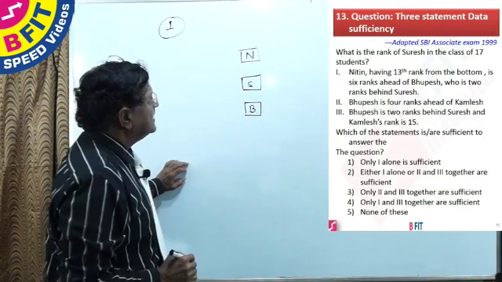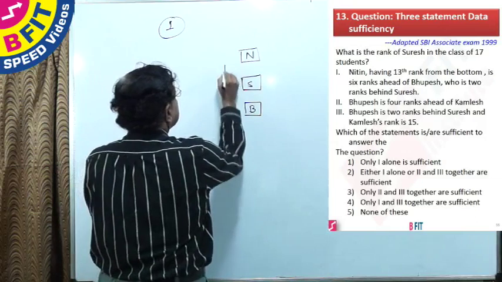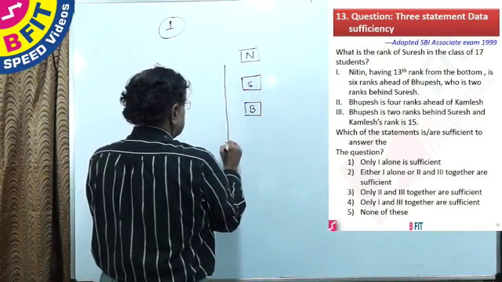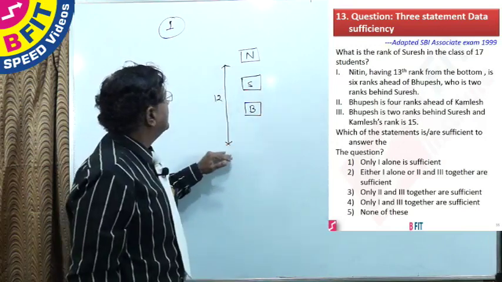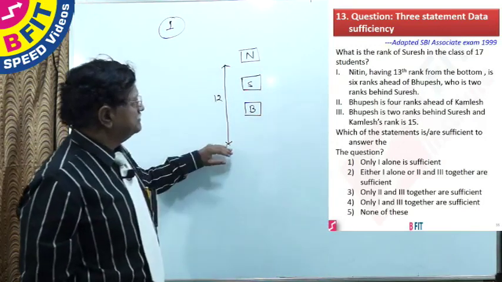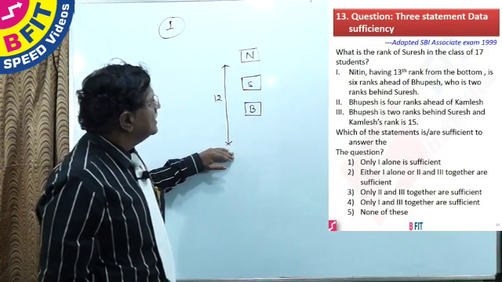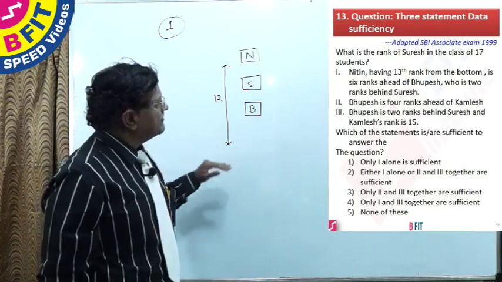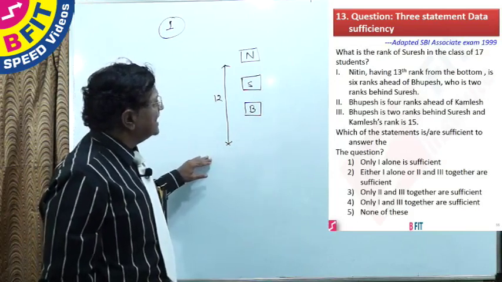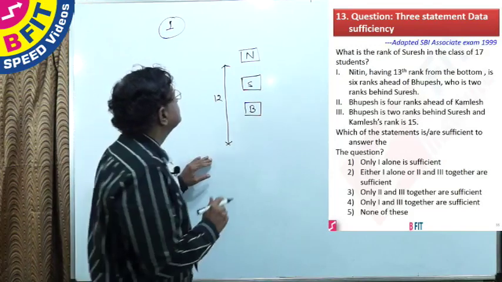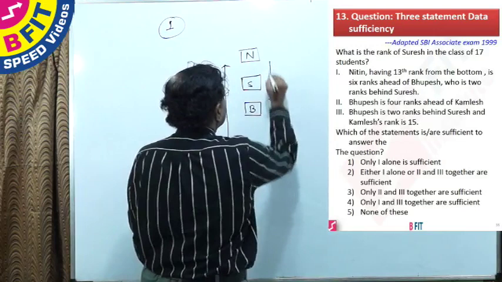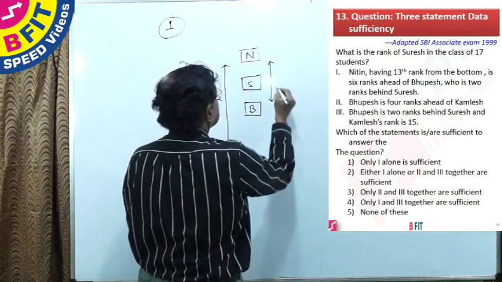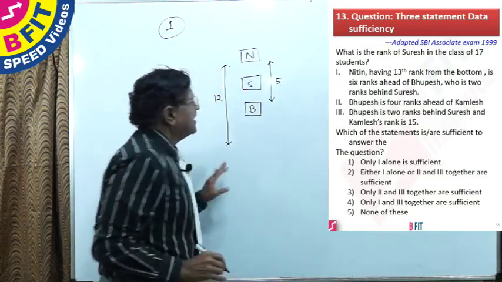Nitin is 13th from the bottom, so there are 12 persons behind him, lower than him. Nitin is 6 ranks ahead of Bhupesh, which means we have to write 5 here.